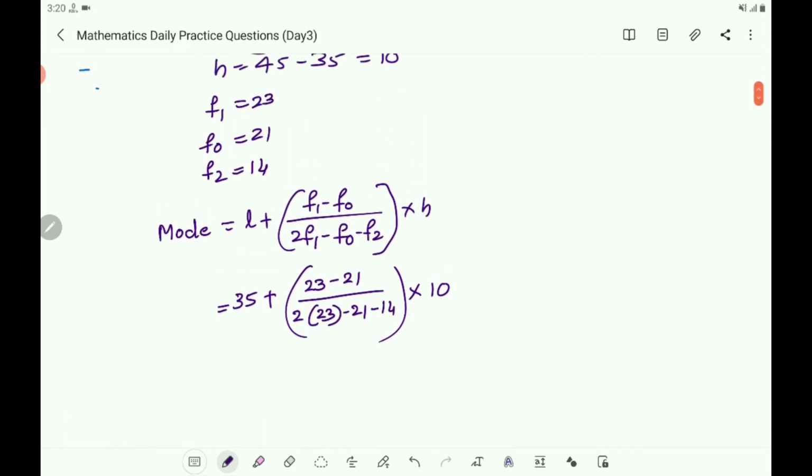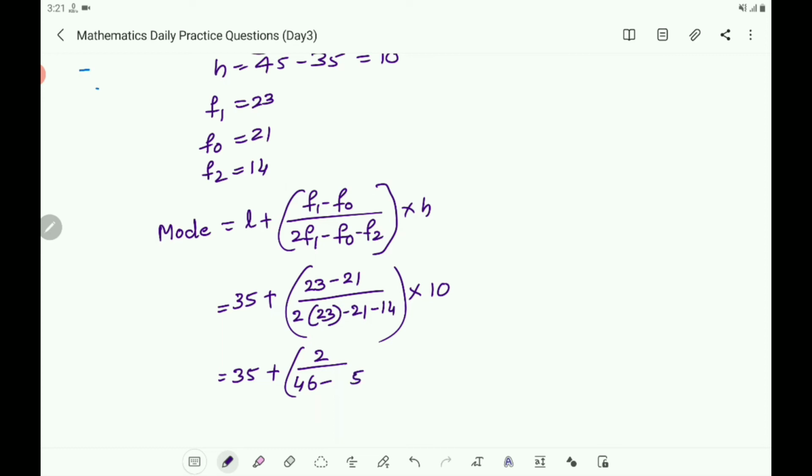Then that equals 35 plus 23 minus 21 is 2, by 2 into 23 is 46, minus 21 plus 14. 21 plus 14 is 35.